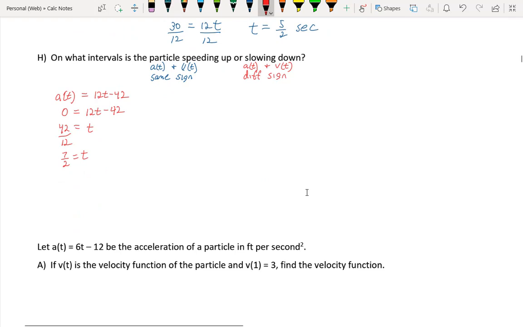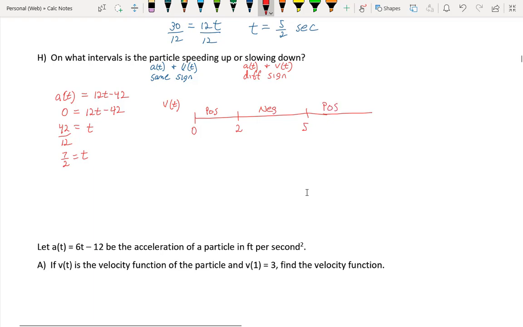I'm going to actually start off with v of t on the top. So copying what we had from the top, v of t was starting at 0, and it had a critical number at 2 and another critical number at 5. And so at 2 we were positive, so I'm actually going to write this so you can see it: positive, negative, positive.